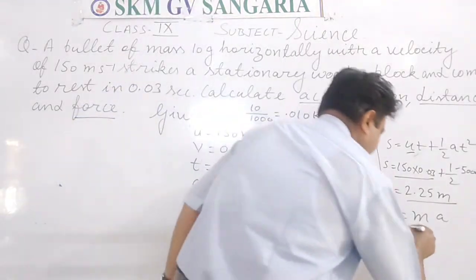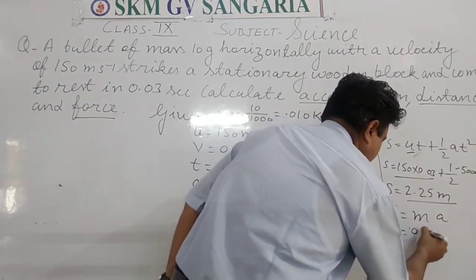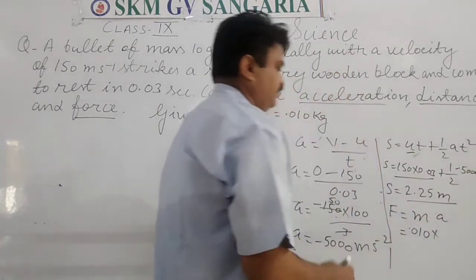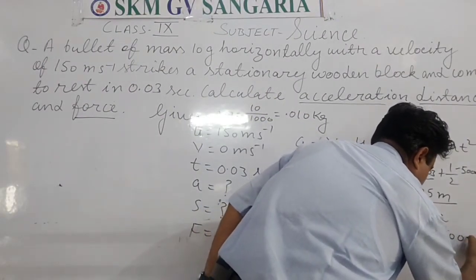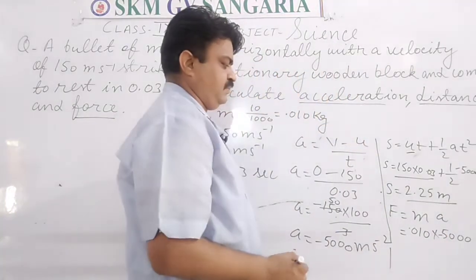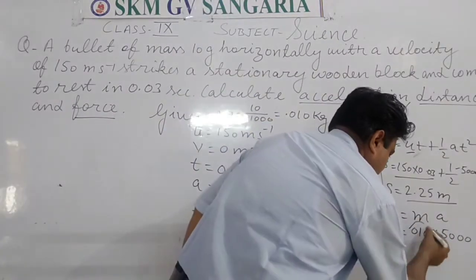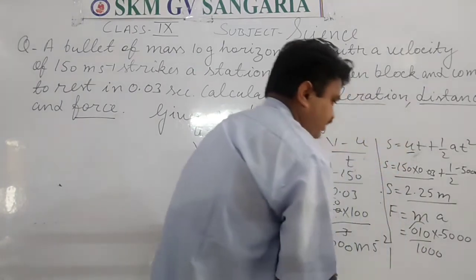A is here in negative and mass is here 0.010, and acceleration is here 5000, it is in negative. Now when you remove this, then it will be 1000.